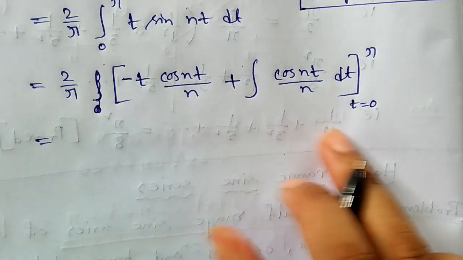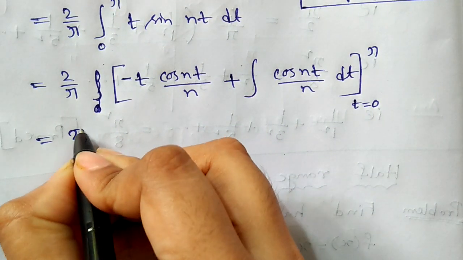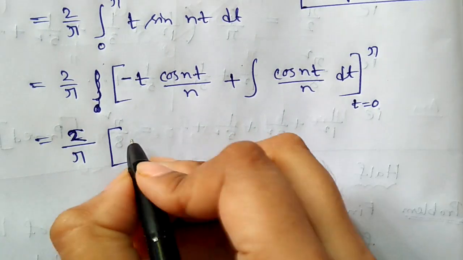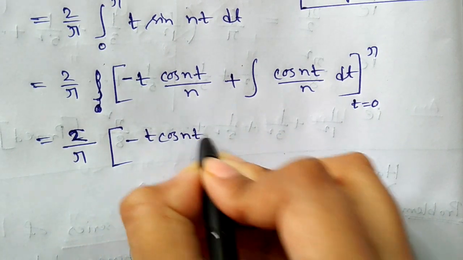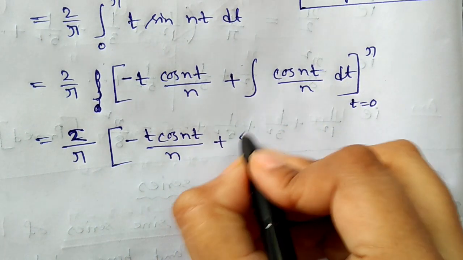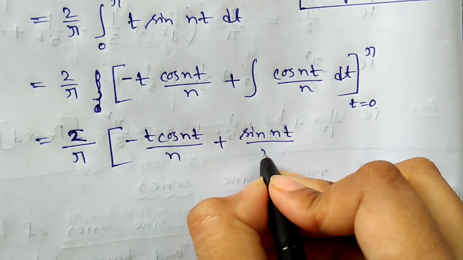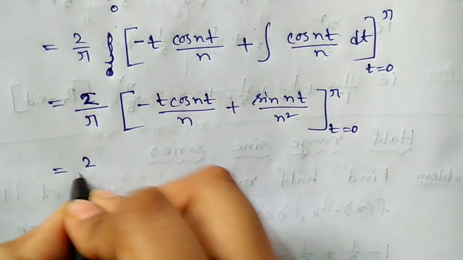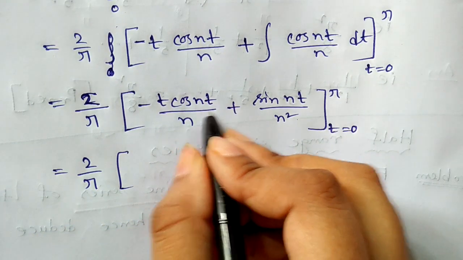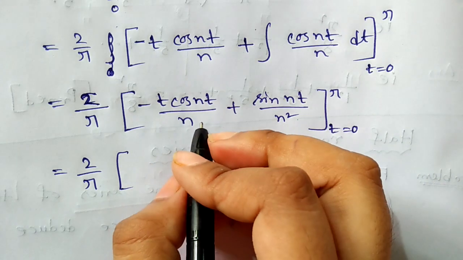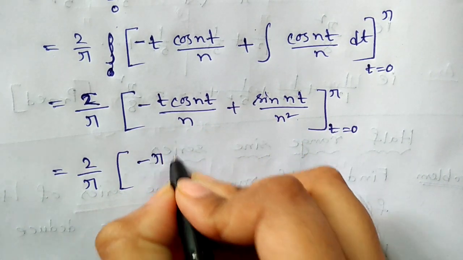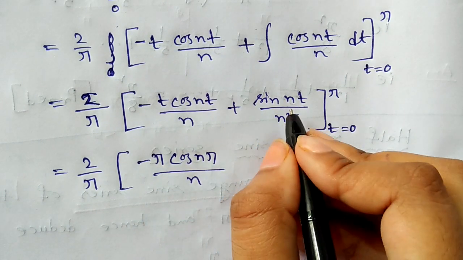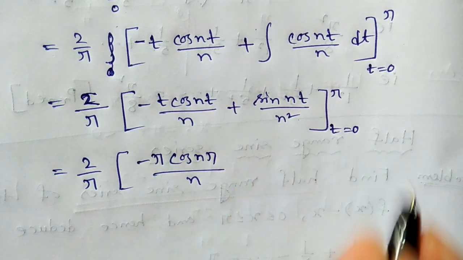Using this we now get 2 by pi times minus t cos nt by n plus sin nt by n squared, t equal to 0 to pi. Now put the values of t, pi and 0. For pi that will be minus pi cos n pi by n, and this is sin n pi, and sin n pi is 0, so omit this part.